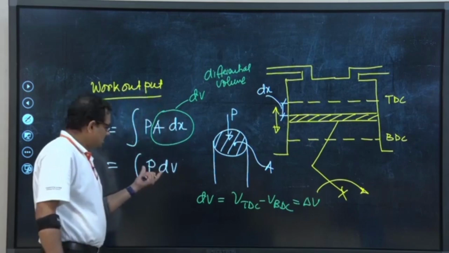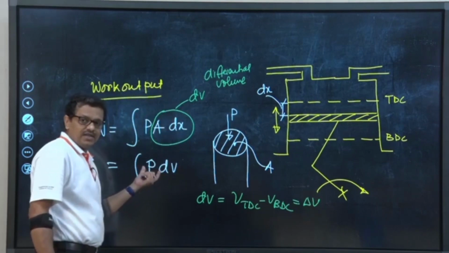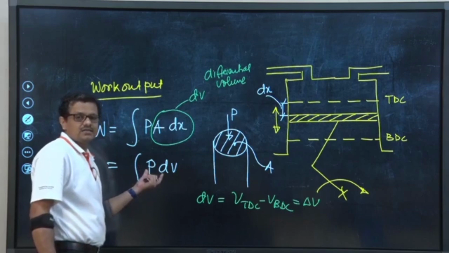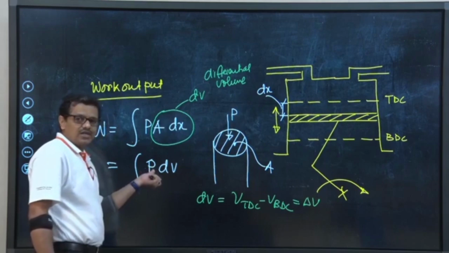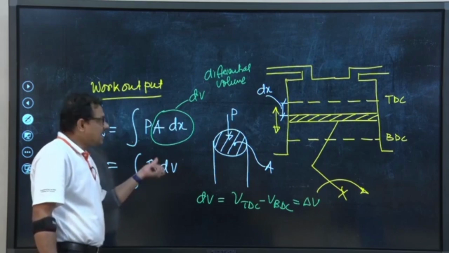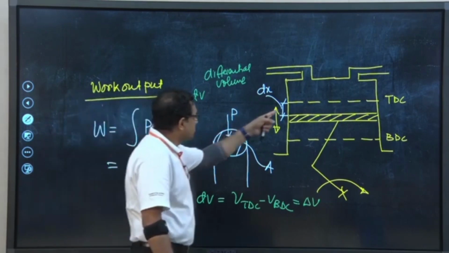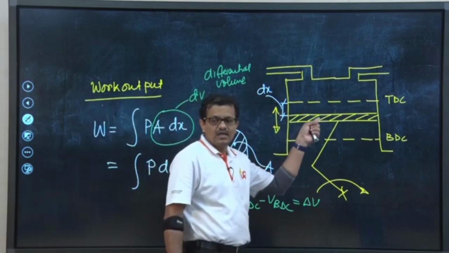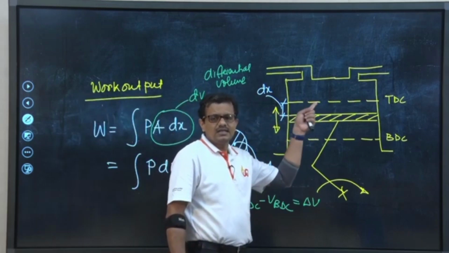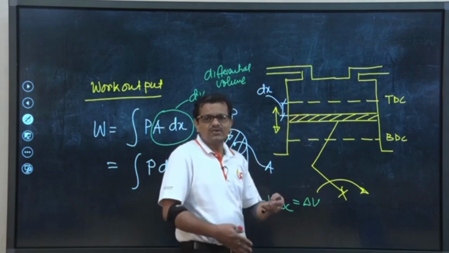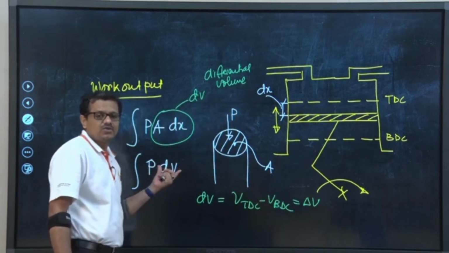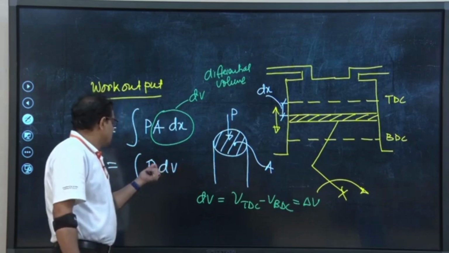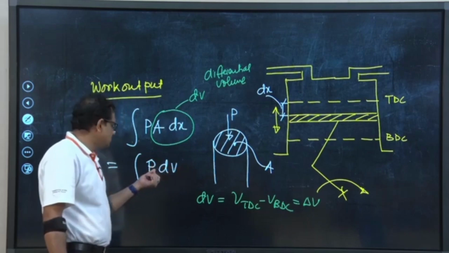Now let us see why that mean effective pressure or average pressure is very important, because this pressure will keep on changing as the piston traverses from TDC to BDC. But if that is the case, it is very difficult to get the expression of work done without involving the computational analysis.